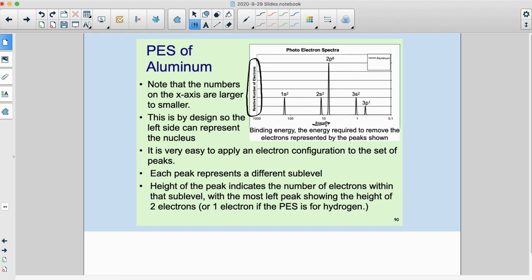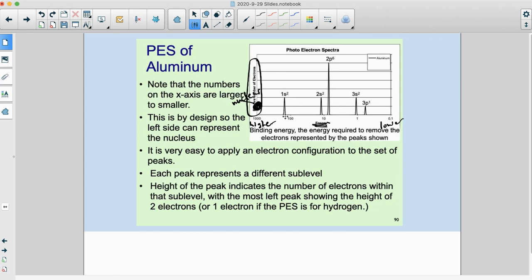The energy down here is called the binding energy, the energy required to remove the electrons, how tightly they're bound to the nucleus. The weird thing is that it goes from low to high this way: the left side represents higher binding energy, and the right side is lower binding energy. The reason they do the spectrum like this is that it models, let's say this right here is the nucleus.